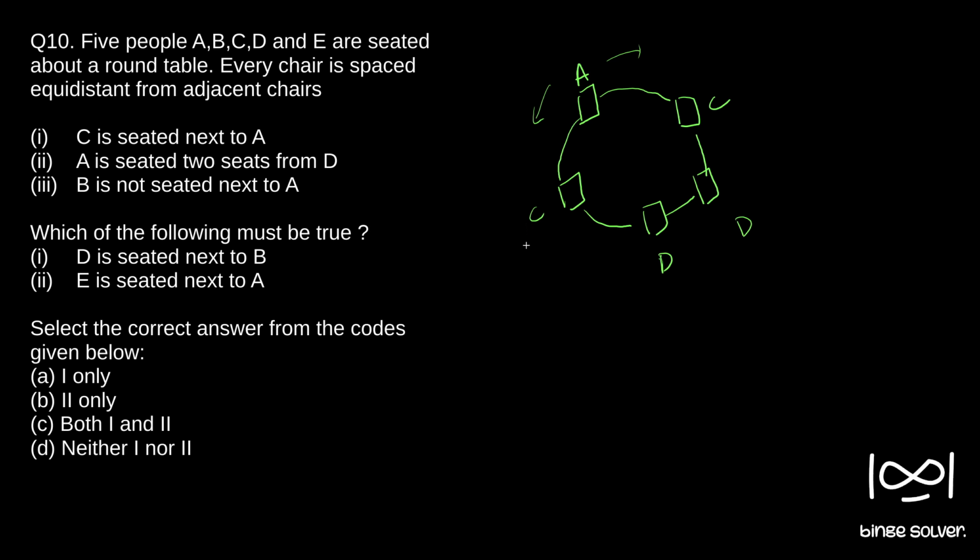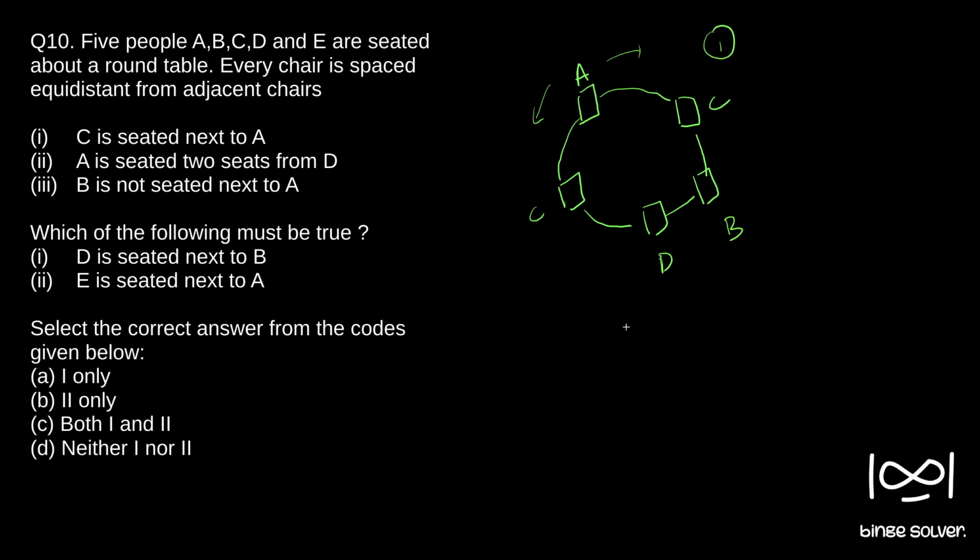Now B is not seated next to A. So we will draw these two situations as 2 separate cases. We'll say this is D. Then since B is not seated next to A, B has to be here. So this is case 1.